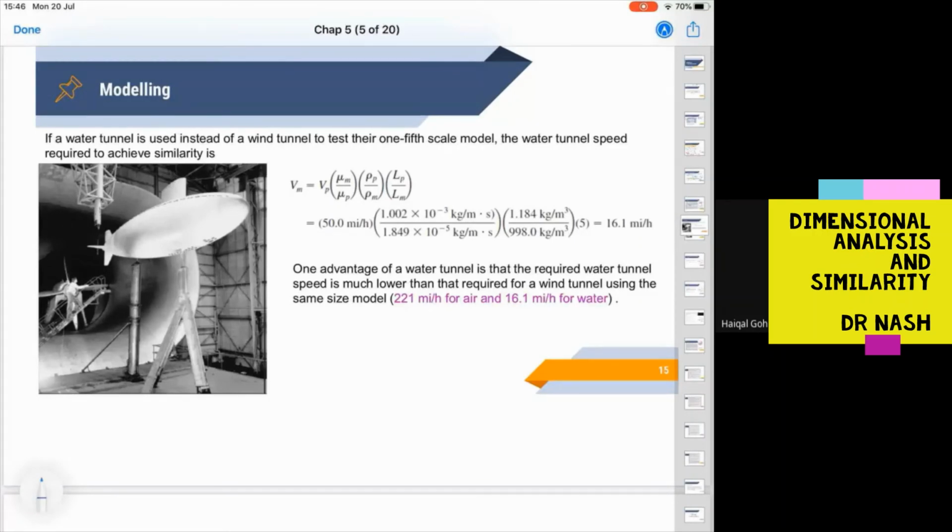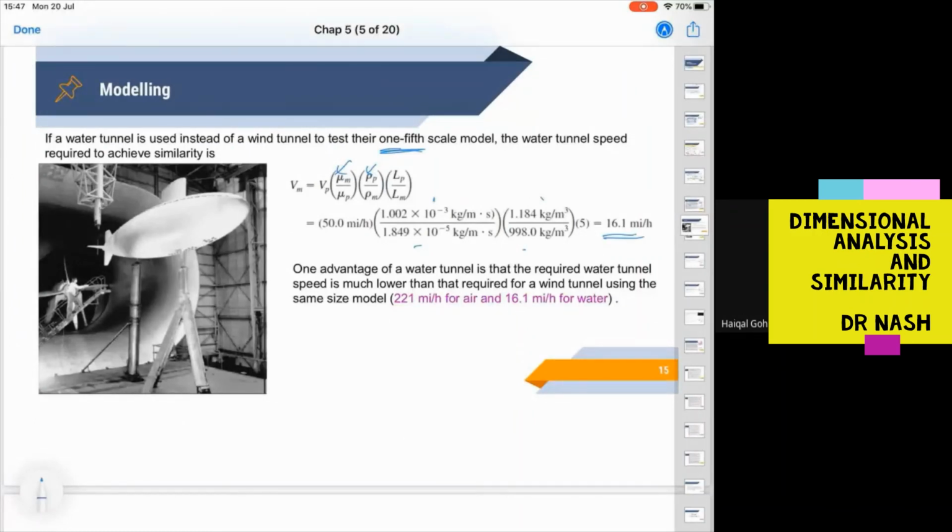So let's say dalam 1/5 juga scale dia, maintain juga 1/5 scale model, and then you can have different rho, different nu, and then we put everything. You see the velocity of water in the water tunnel, the engineer should run at the speed of 16.1 miles per hour. Rendah je kan? Rendah, 16.1 miles per hour.